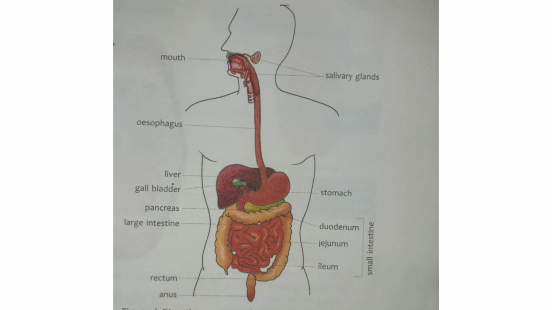Mostly it works on carbohydrate food, breaking it into simpler forms, from complex carbohydrate to simple carbohydrates like glucose, fructose and galactose, which are monosaccharides. At the upper end of the stomach lies the esophagus, because it is the continuing part of the esophagus, and it has a lower opening to the small intestine, because all of the organs come one after another and are interconnected.